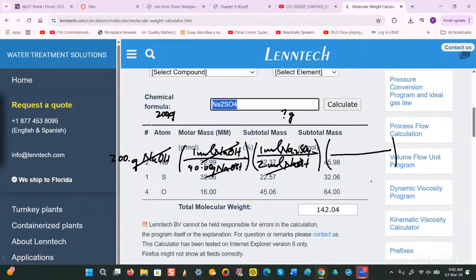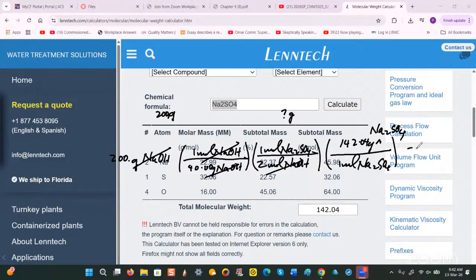So 142.04 grams of sodium sulfate over 1 mole of the same, all right? And that's basically the setup.